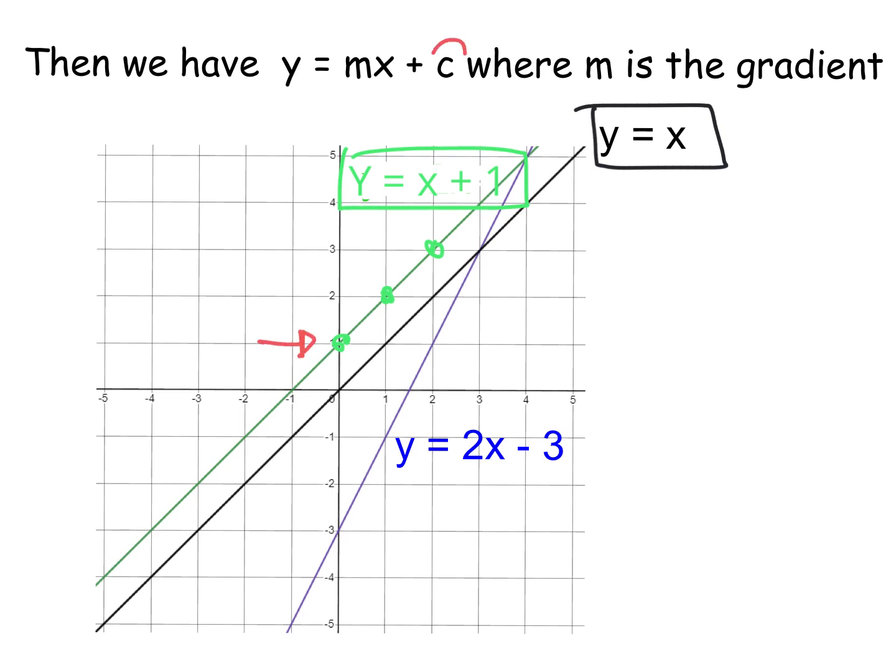So this c value is a number you've moved up, and also matches where it goes through the y-axis. For example, on the blue one, when we have y equals 2x minus 3, I've got a gradient of 2. On this line, it's always 2 boxes vertical, 1 box horizontal, and it also goes through -3 on the y-axis.